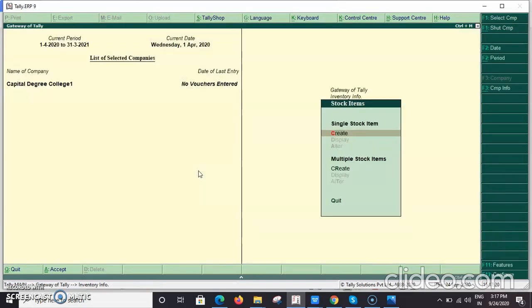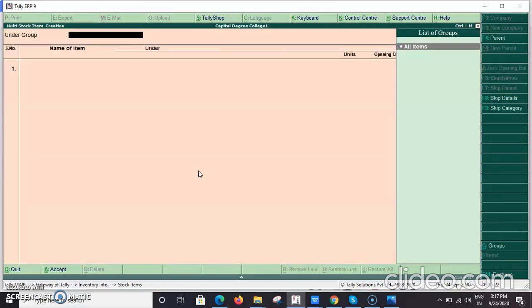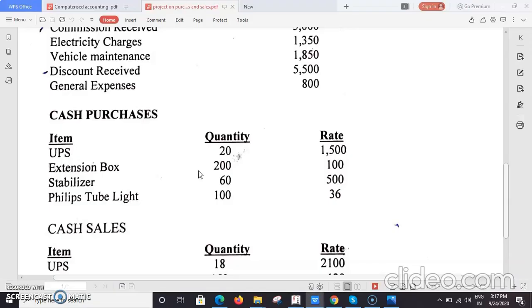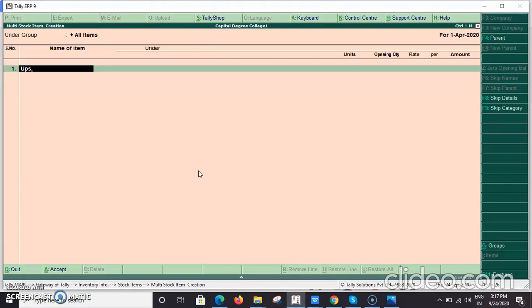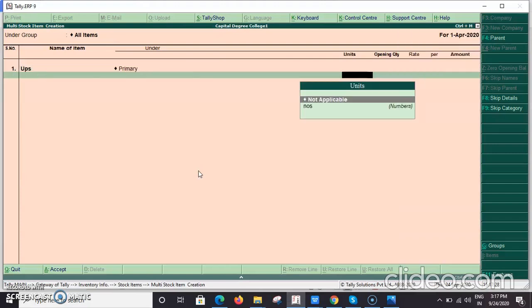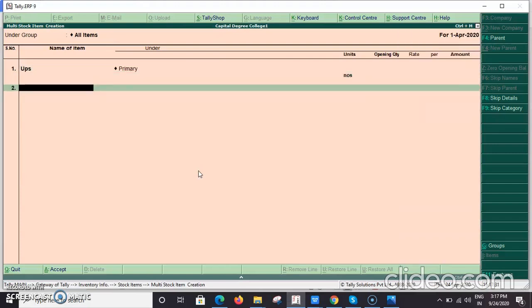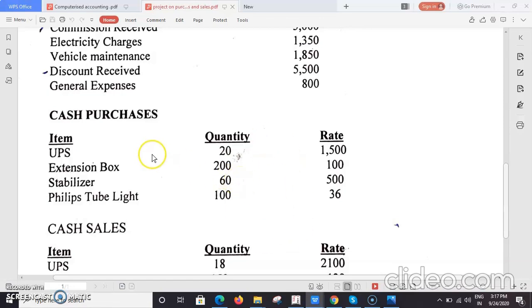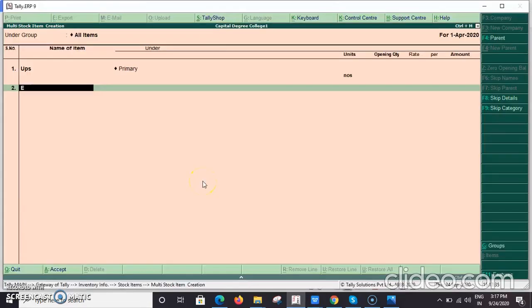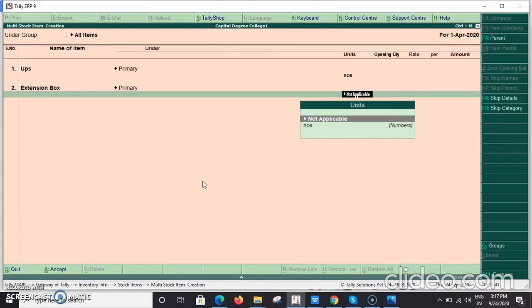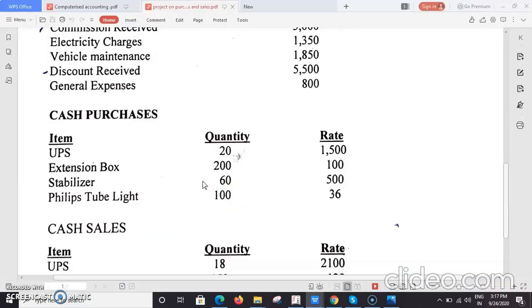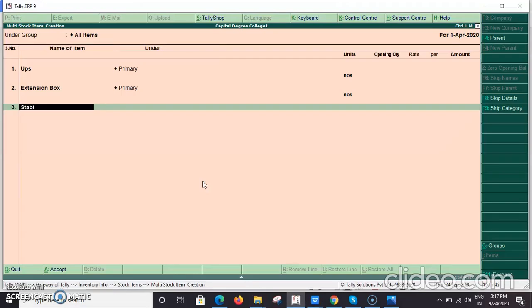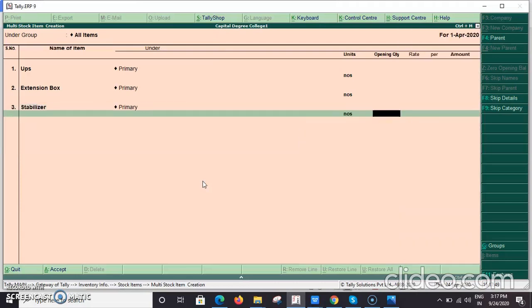Now for stock items, I am creating multiple stock items in one go. UPS under primary, numbers. These are not opening balances; this I have purchased. Extension box under primary, numbers. Stabilizer under primary, numbers.